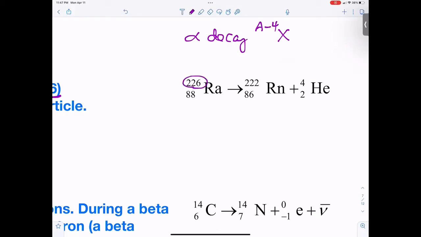You start with this, subtract 4. The atomic number always subtracts 2. Start with this, you end up with 2 less. So in alpha decay, your daughter nucleus is always going to be 4 less mass and 2 less protons.